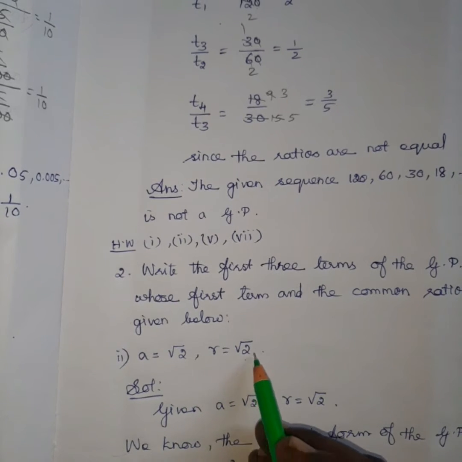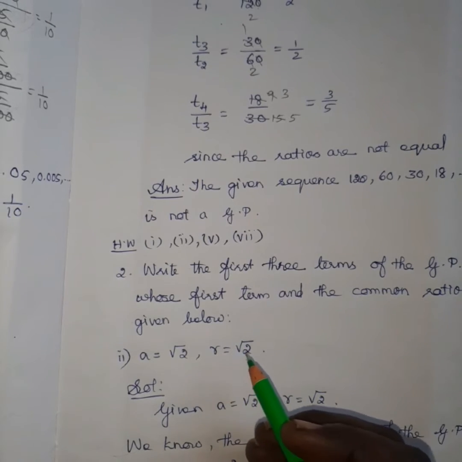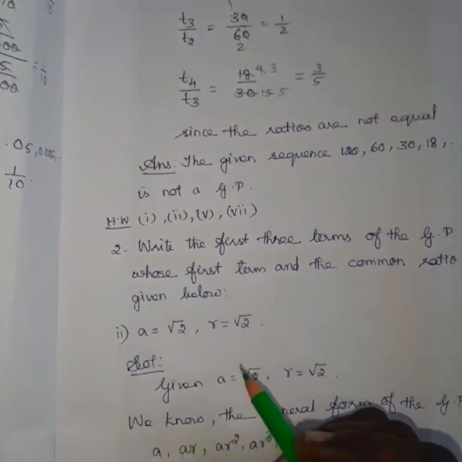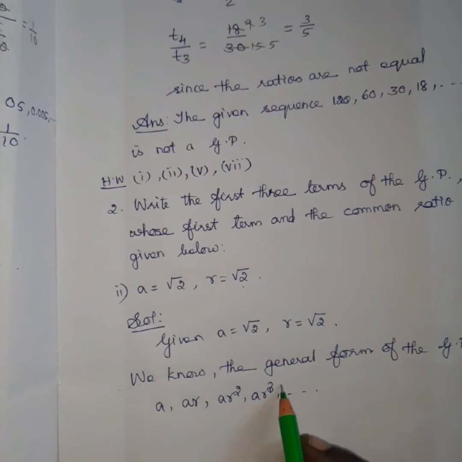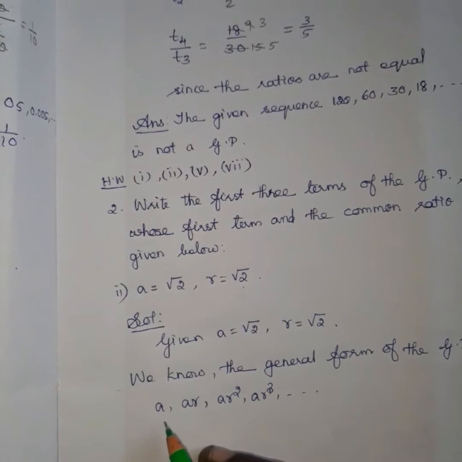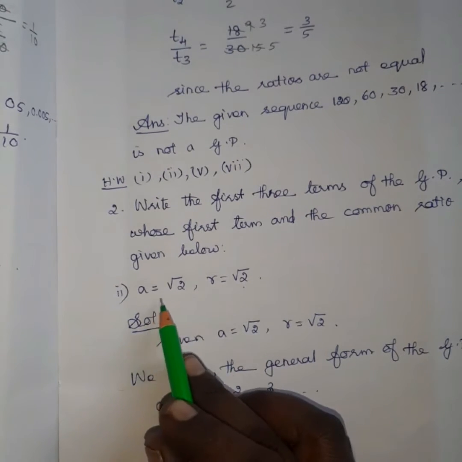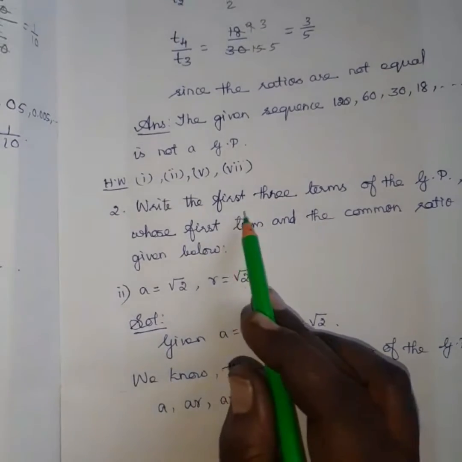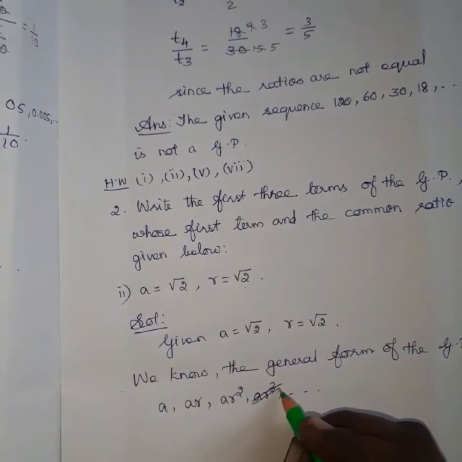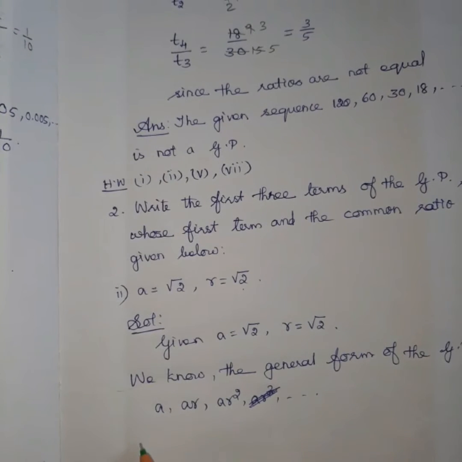We know how to write the general form of the sequence: A, AR, AR square, AR power 3, etc. Using this A and R, we can find this general form. From that we can write the first 3 terms. Only 3 terms, we need not write more than 3. So we can apply that here.